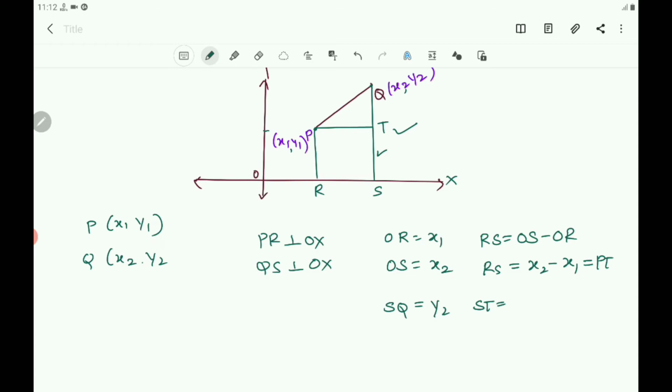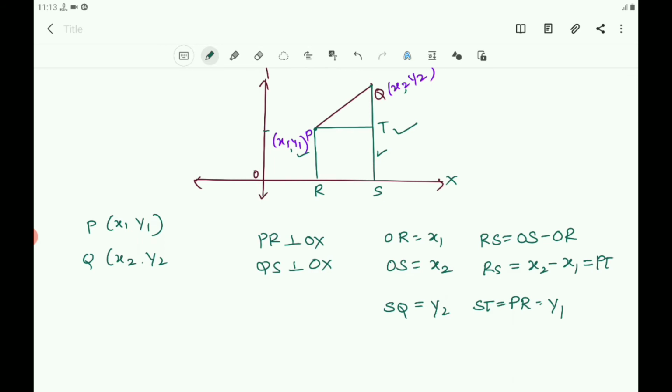ST is the distance between T and S, and that is equal to PR. PR is the distance of the point P from the x-axis, that is the y coordinate, so you take it as y1.